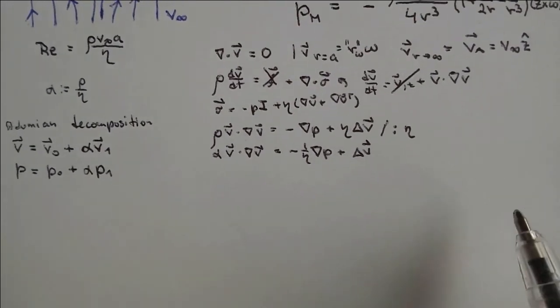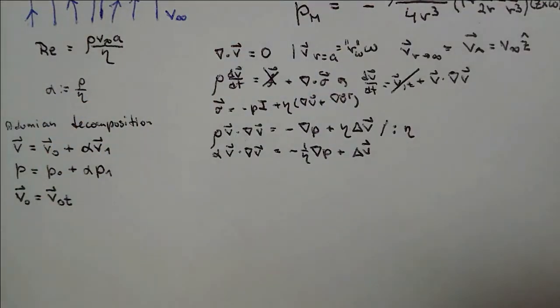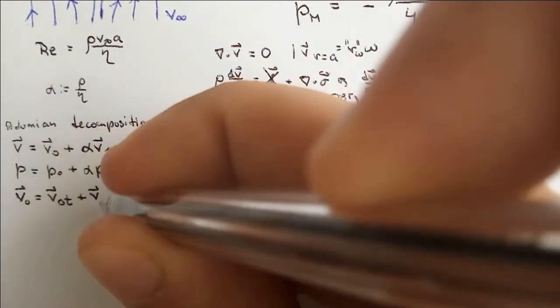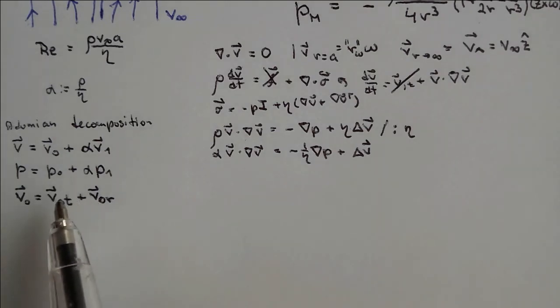So that means you can decompose the solution v0 into two solutions. The first one is v0 translational, and the second one is v0 rotational, because you can always make a superposition of these two solutions.